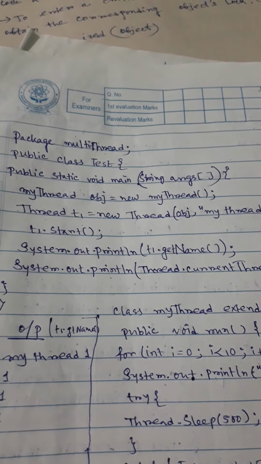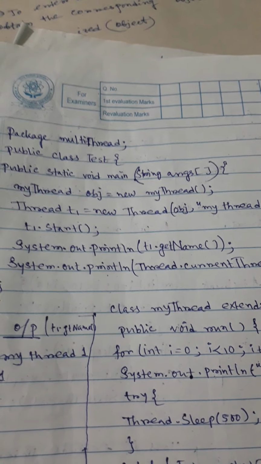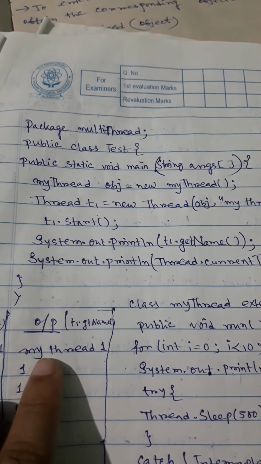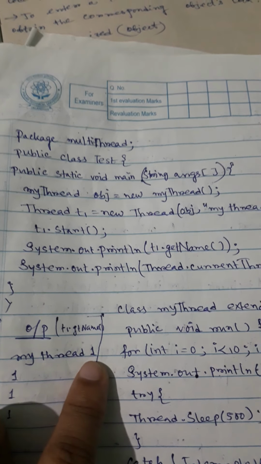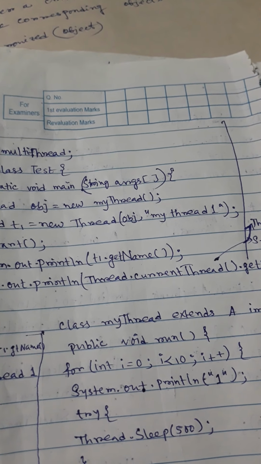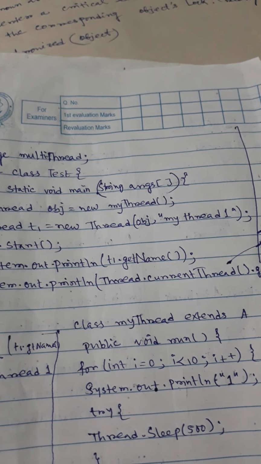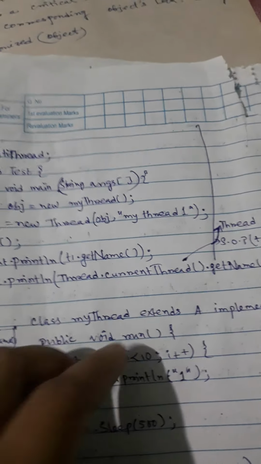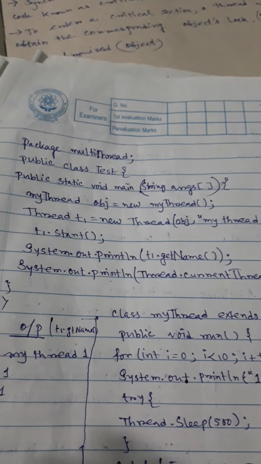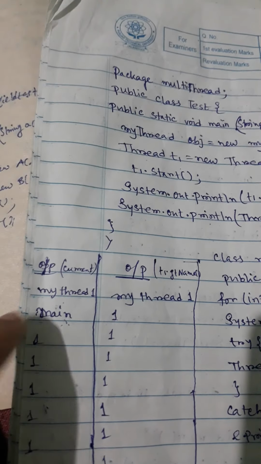If you want to see the name of the thread, then you have to use t1.getName(), so MyThread1 will be printed. And if you want the current thread, whatever thread is running now, you have to use the currentThread method dot getName. Suppose your current thread is main, so the output will be main.